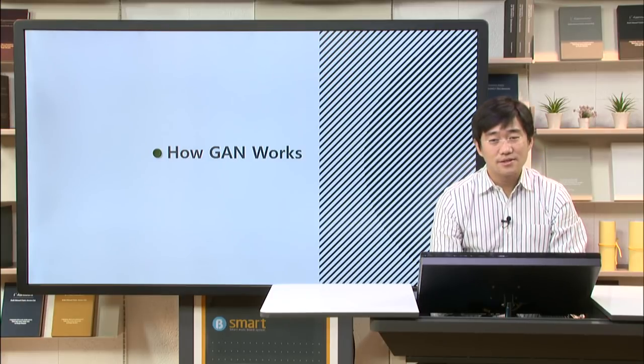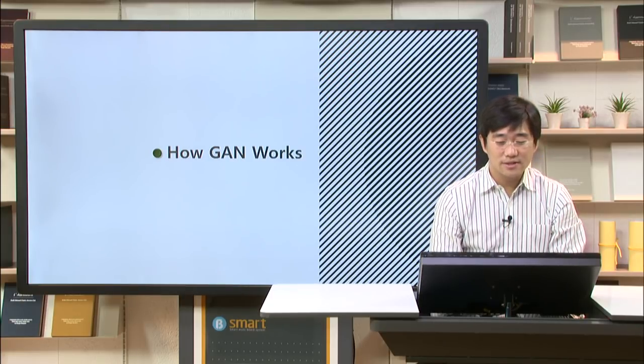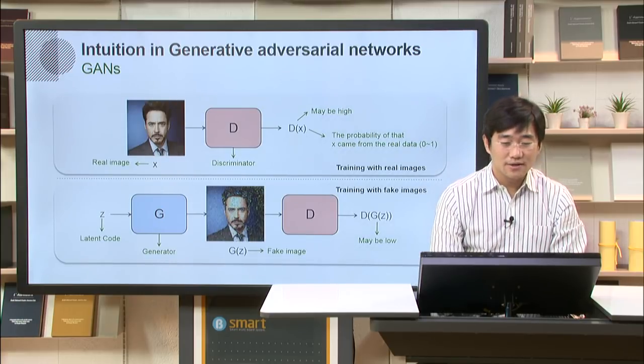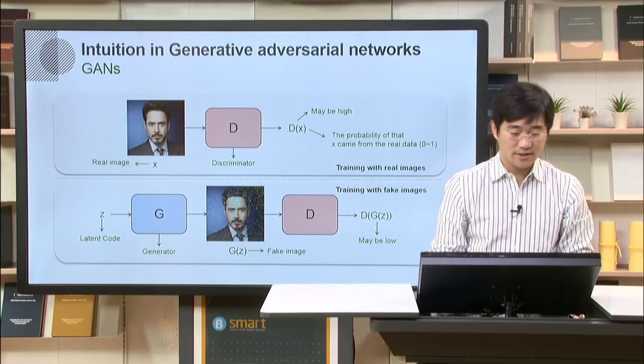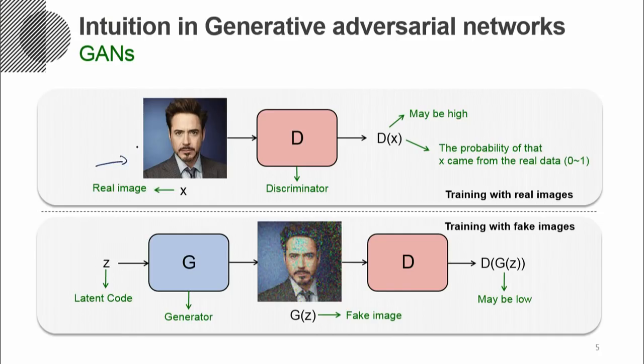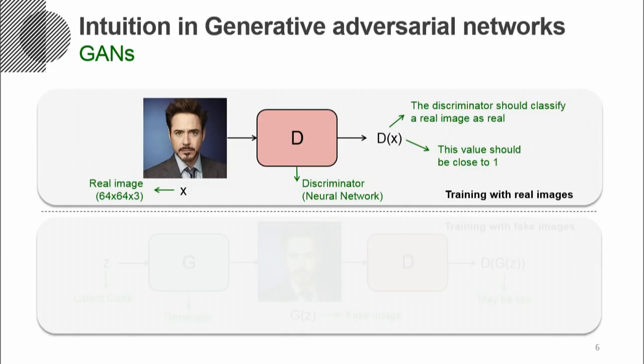Now let's look at more details about how this GAN works in the context of image generation tasks. Given a set of real images, our discriminator should be able to classify each image as a real image. In this case, our discriminator, which is its own neural network, will be designed as a binary classifier that has a high value output for given real images.